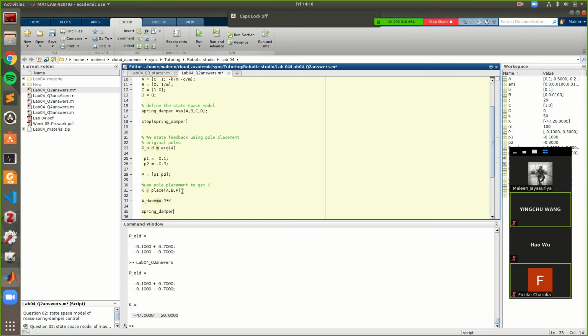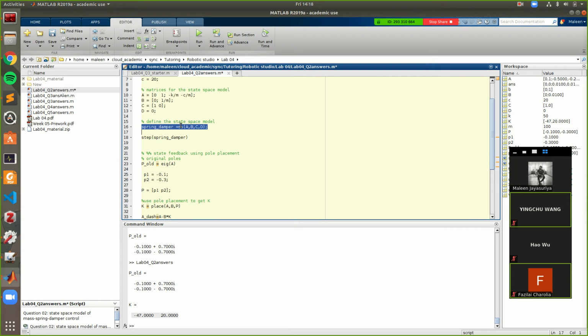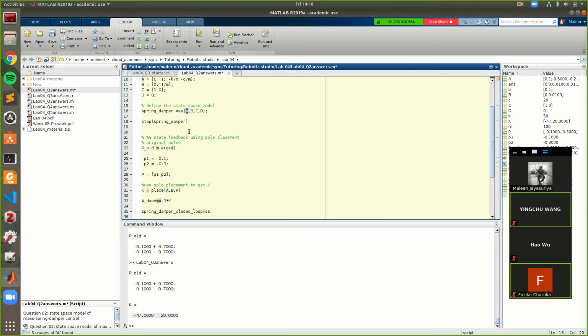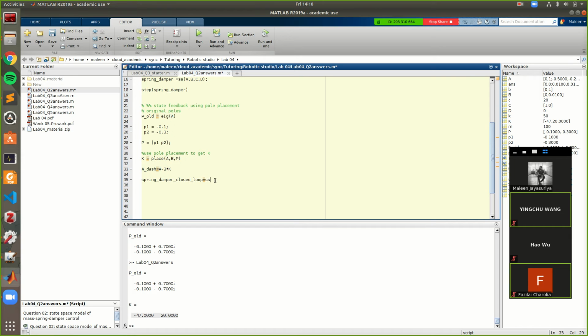damper closed loop, that's a long name, right, is going to be equal to SS. So I'm using the same function SS, but instead of A, I'm going to use A dash, right? Or I can just straight away put in A minus BK here. Actually, I'll just do that so that you guys get the idea, right?